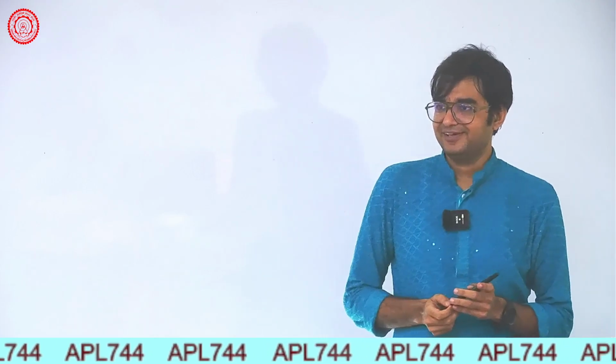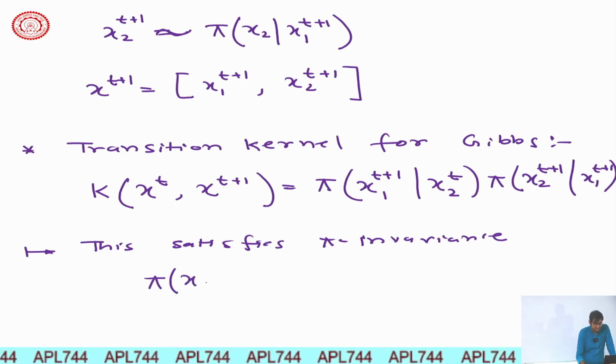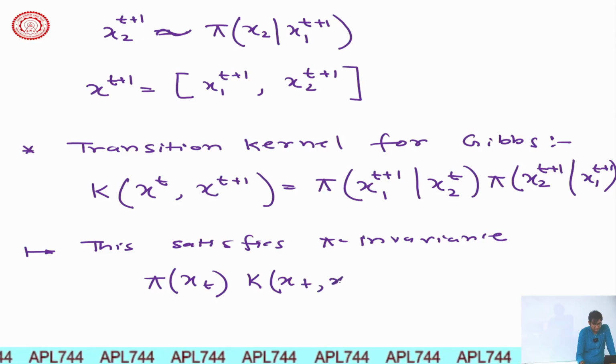What was the pi invariance criteria? Pi of x t plus 1 is equal to integration pi of xt k of xt comma xt plus 1 d of xt. So that is pi of xt k of xt comma xt plus 1.